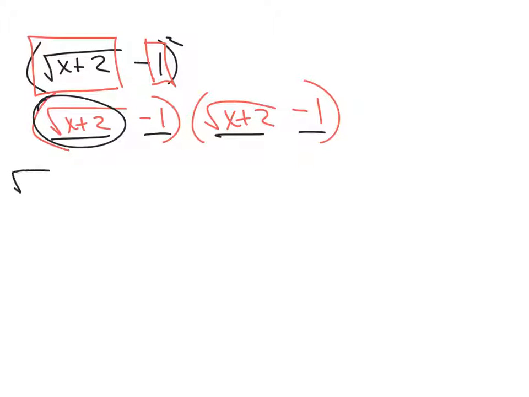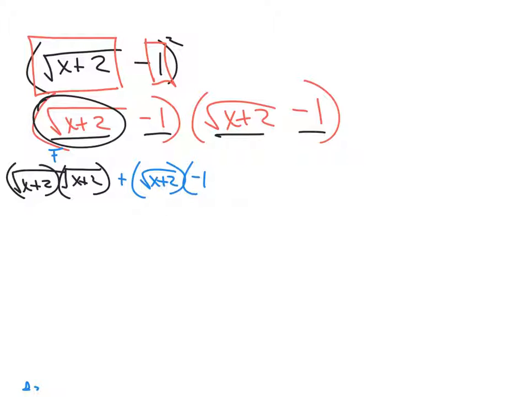So that's my F for FOIL. My outside is going to be square root of x plus 2 times negative 1. That's my outside.